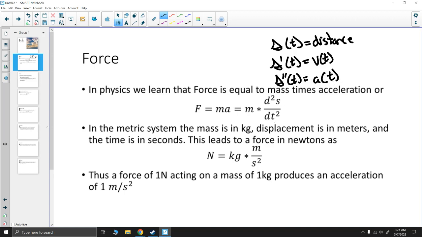In the metric system, we often refer to mass in kilograms, displacement in meters, and time in seconds. That leads our force to be in newtons. So a newton is kilograms times meters per second squared. A force of 1 newton acting on a mass of 1 kilogram produces an acceleration of 1 meter per second squared. That's the concept behind this method of measurement.